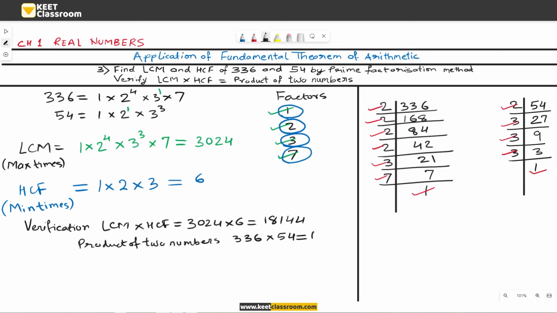We get 18,144. Thus we note that the product of LCM and HCF and the product of the two numbers are equal. Thus it has been verified that LCM into HCF is equal to the product of the two numbers. Thank you.